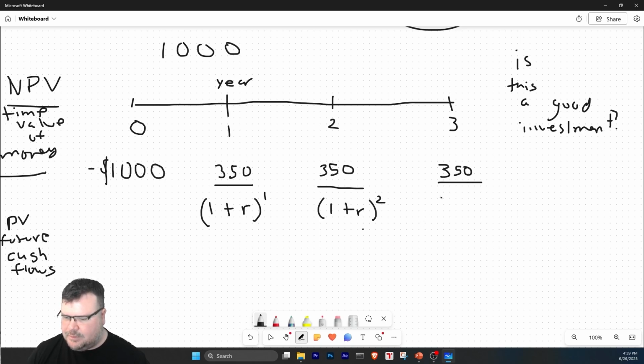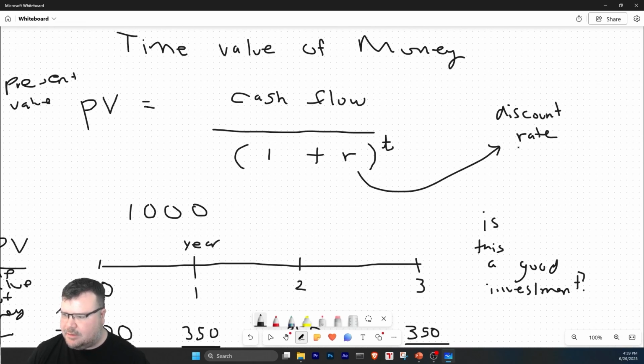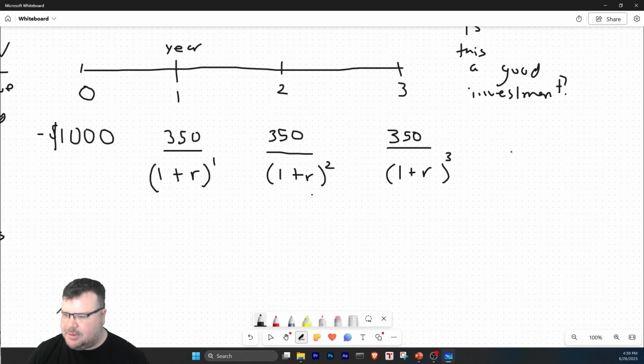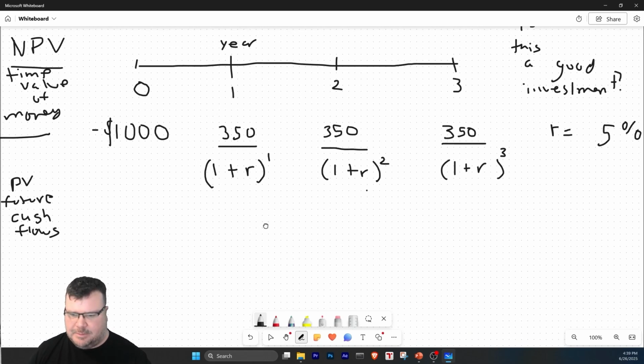And it's going to be 350 divided by 1 plus r raised to the 3rd. Okay, so r is unknown. We said that that's the discount rate, and that's going to be a given. R is going to be 5%. Okay, you can consider that the cost of money in the current market environment.